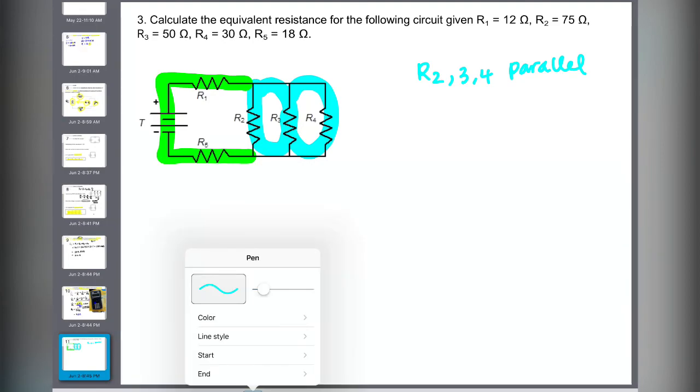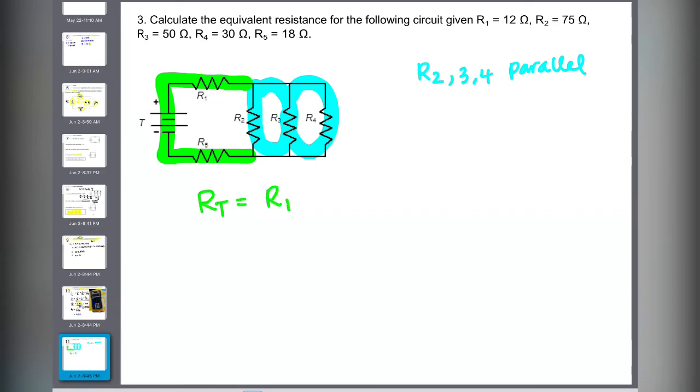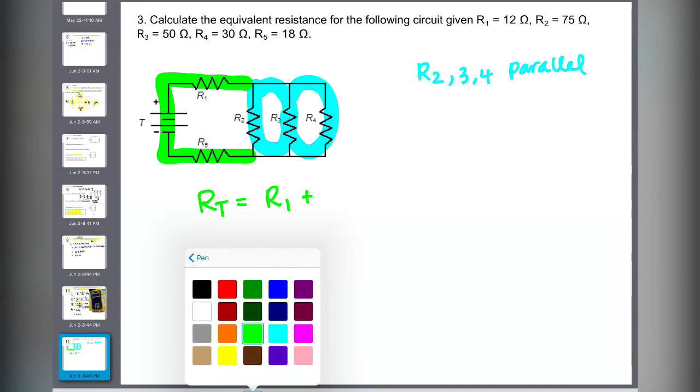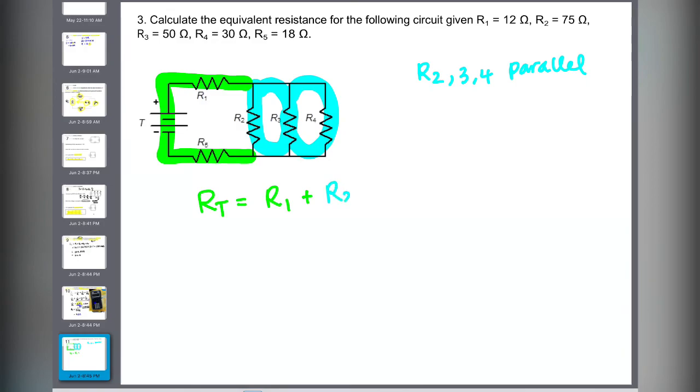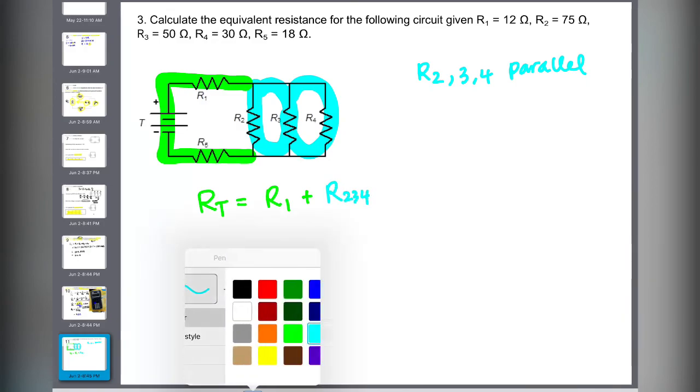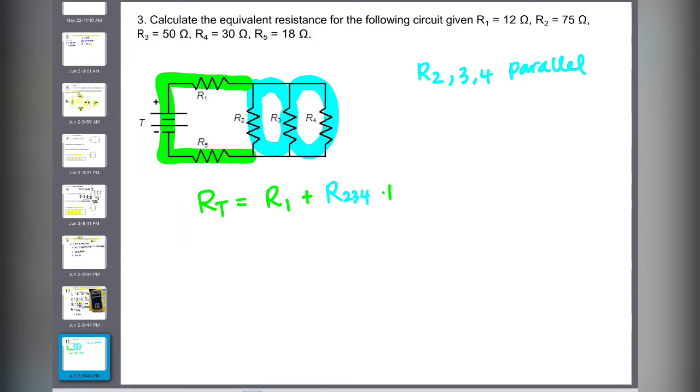But then at the same time, the total resistance is actually R1 adding the sum of R2, 3, and 4, adding the R5.